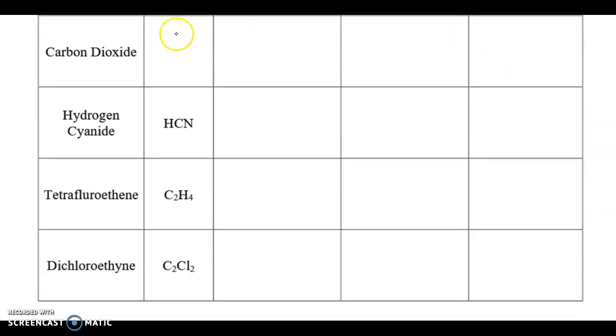All right, we'll do some carbon dioxide. You should be able to write the formula for that because it's a binary molecular compound. We've got a carbon atom and some oxygen atoms in it. All right, carbon is the central atom. Carbon can form 4 bonds.